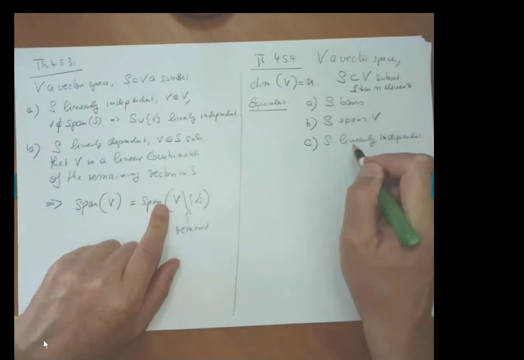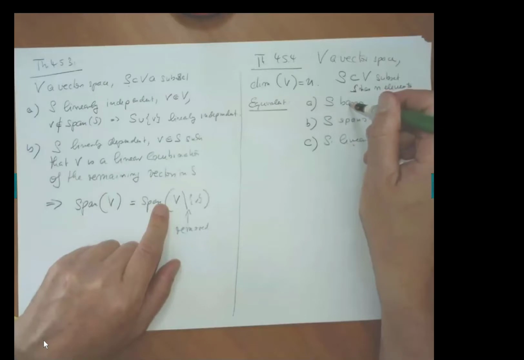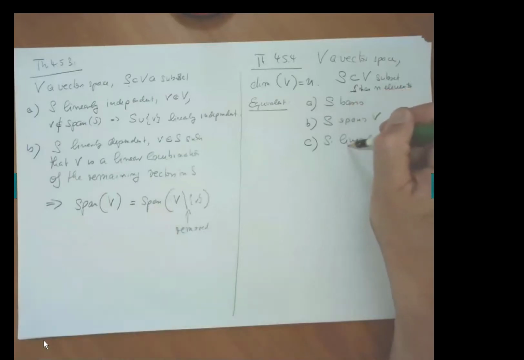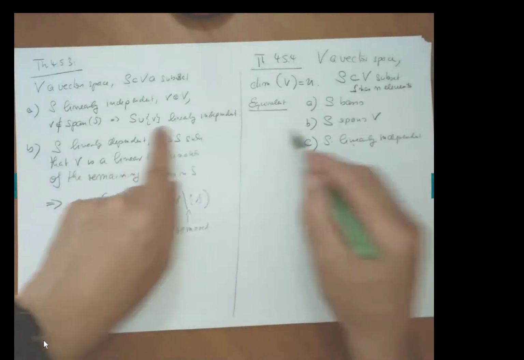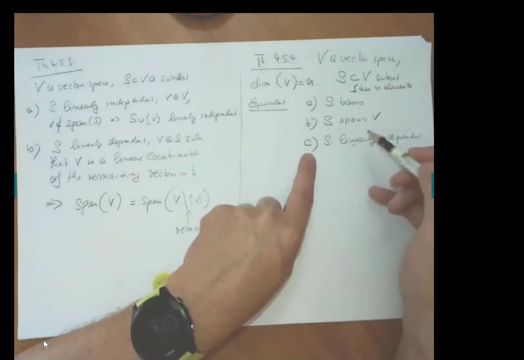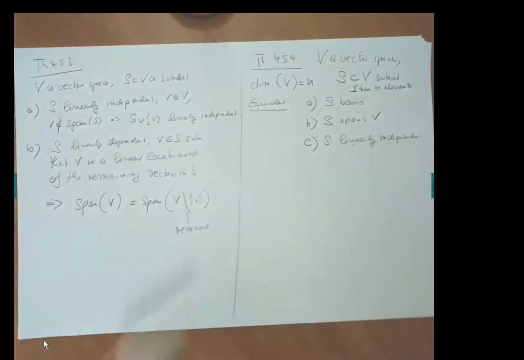That was our first result. Same thing here. If S is linearly independent, it has to be a basis. Why is this? If it's not a basis, it doesn't span. But then according to this, we can add one more vector and have n plus 1 vectors which are linearly independent. And again, that's impossible according to our Theorem 4.52.